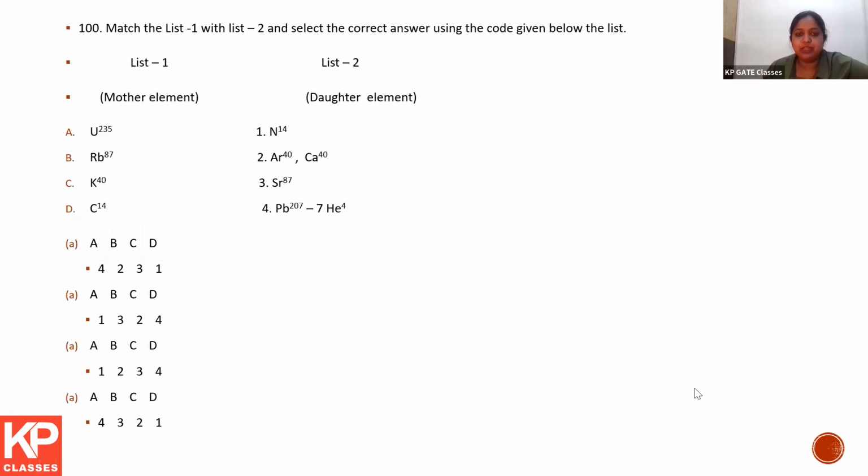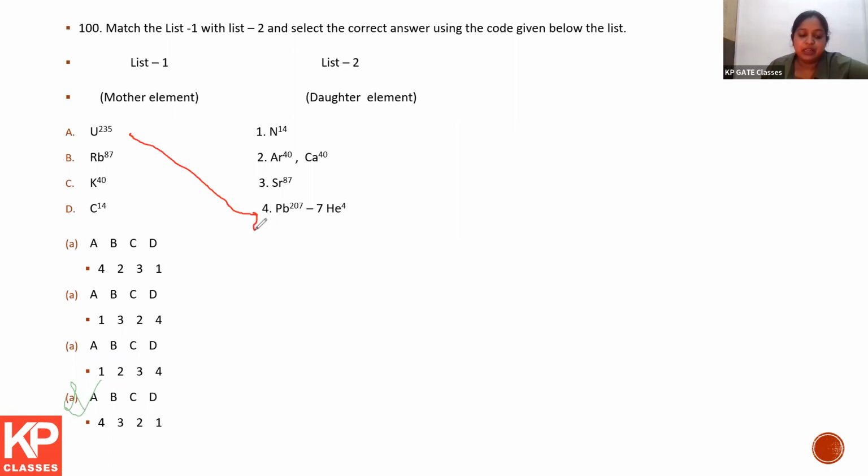same easy question. Next, match list 1 with list 2, and choose the correct answer using the code given below. So the parent atom and daughter element nuclei of radioactive elements are given. Very easy direct question. Option D is the correct answer. So over here, uranium 235's daughter is lead, Pb 207.